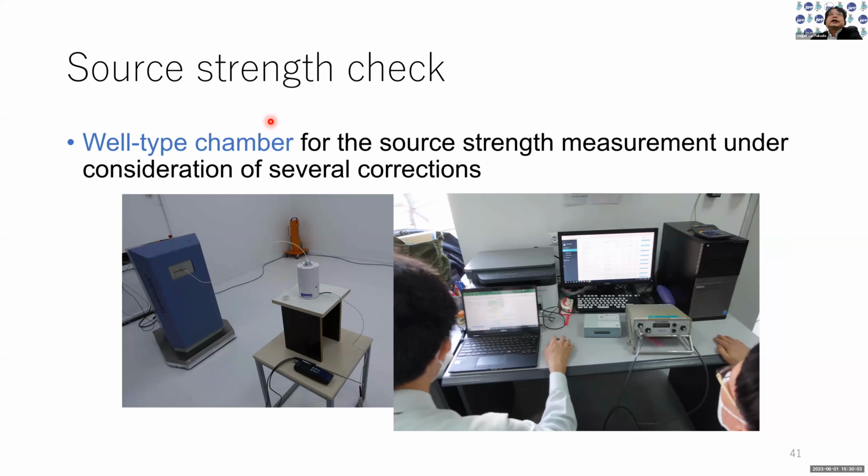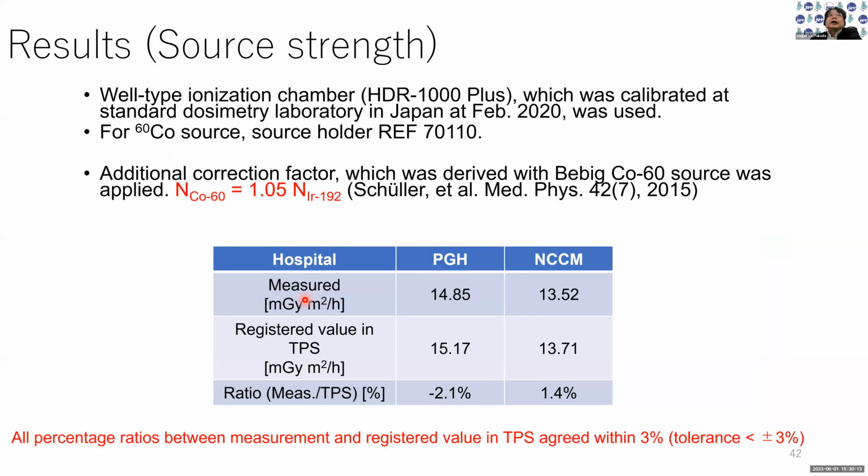For the strength check, we use a well type chamber for the source strength measurement, with consideration of several corrections. This shows some results of the source strengths. As the well type chamber, we use HDR 1000 Plus, which was calibrated at our standard dosimetry laboratory in Japan in 2020.